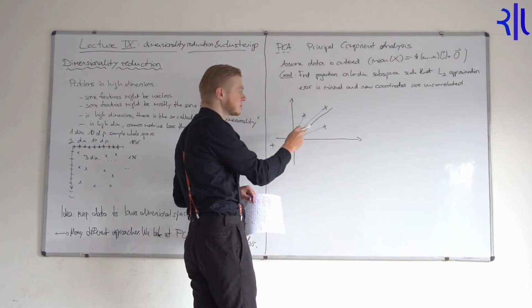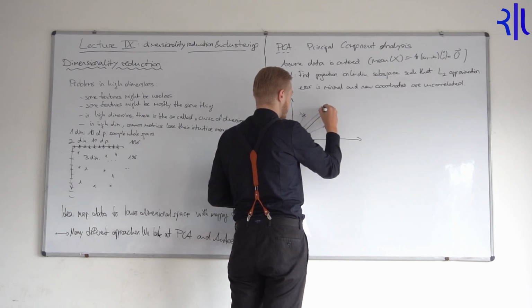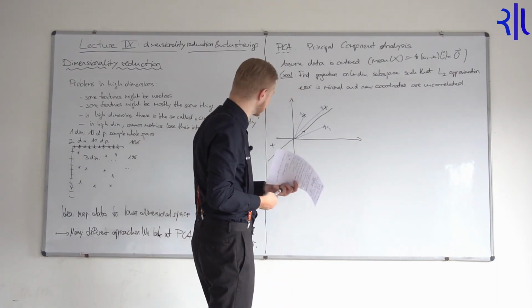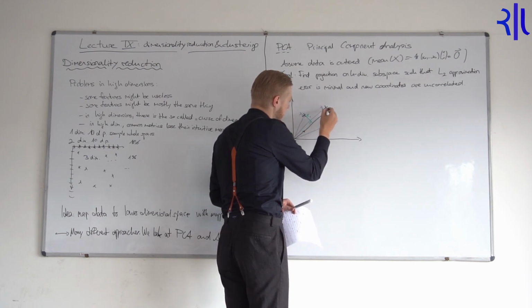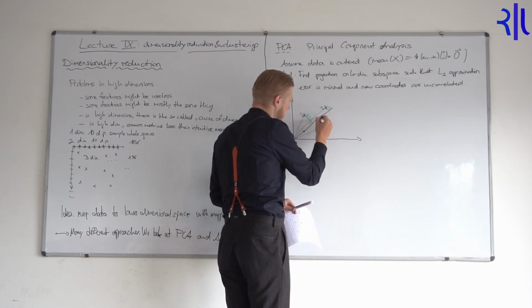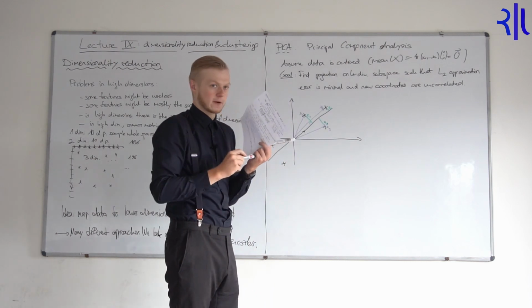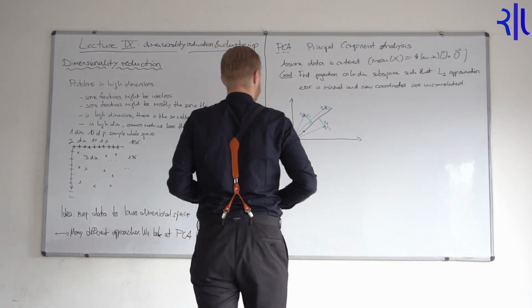So in blue, those would be the vectors of our data. It might be x1, x2, x3. And here with green, I can draw in the error that we have here, the information that we lose because we project it.